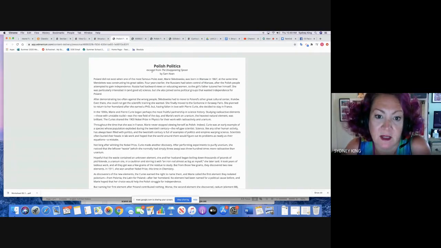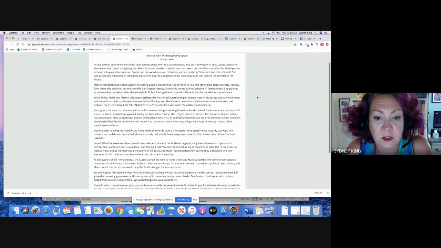Polish Politics, an excerpt from The Disappearing Spoon by Sam Kean. Poland did not exist when one of the most famous Poles ever, Marie Sklodowska, was born in Warsaw in 1867. At the same time, Mendeleev was constructing his great tables. Four years earlier, the Russians had taken control of Warsaw after the Polish people attempted to gain independence.